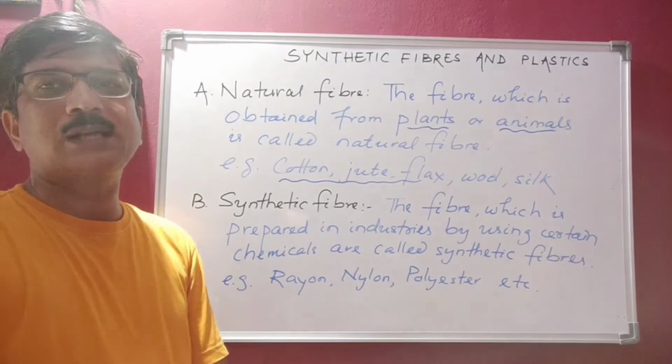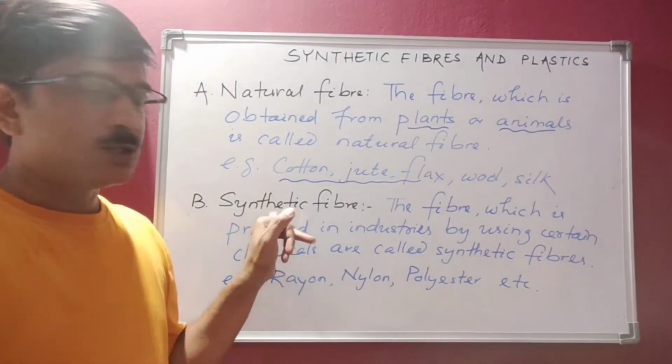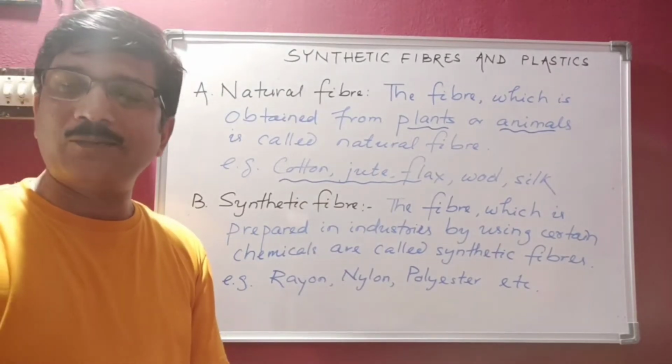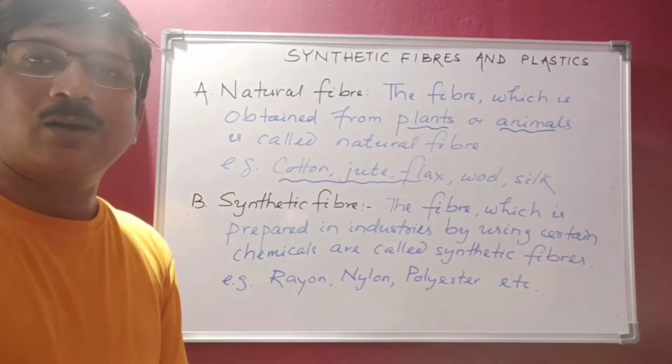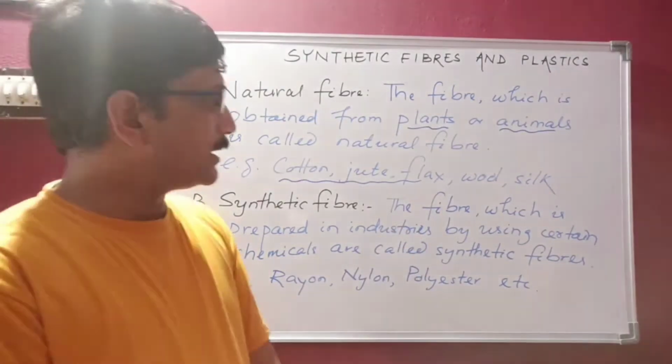Then we will go for synthetic fiber. I have told you that the word synthetic comes from synthesis, which is preparation. The fiber which is prepared by human beings is called synthetic fiber or artificial fiber. Now we can go for the definition.